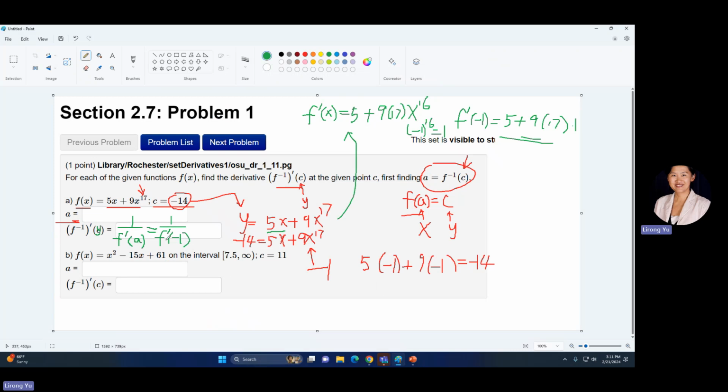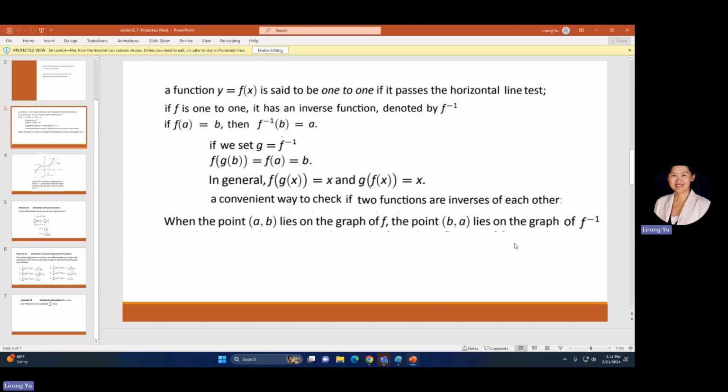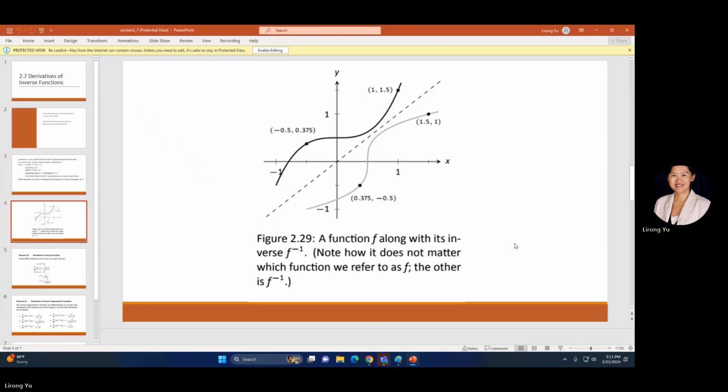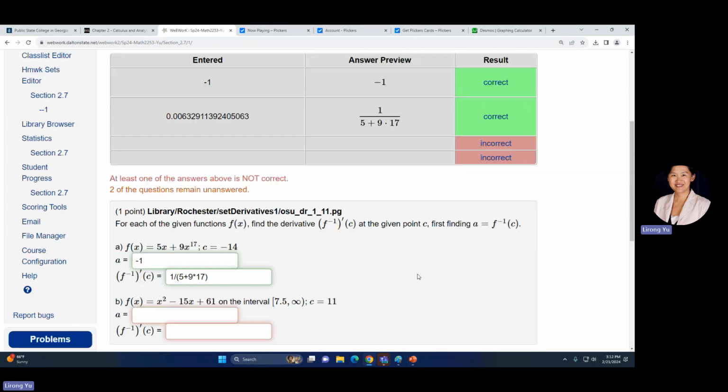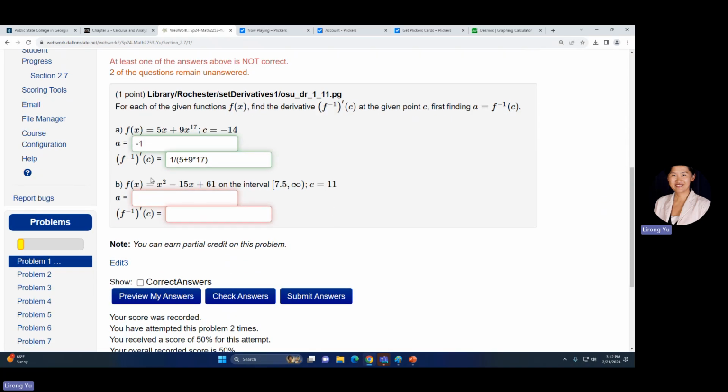That relation was quoted in the PowerPoint of this one. This is an inverse derivative. The inverse is 1 over the derivative. We go through the same process for the second question. You have this function, and we want c, which is y, to be 11.